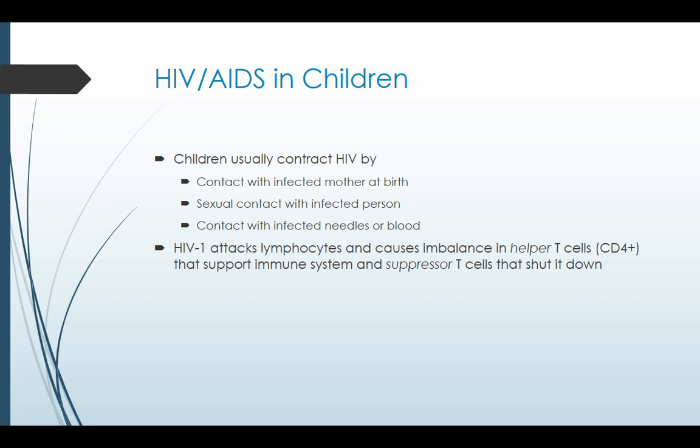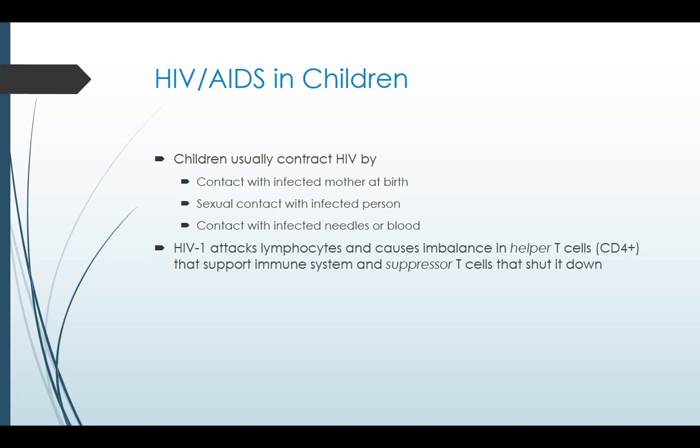HIV and AIDS in children. Children usually contract HIV by contact with an infected mother or at birth, sexual contact with an infected person, and contact with infected needles or blood.